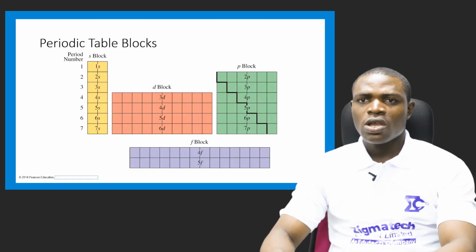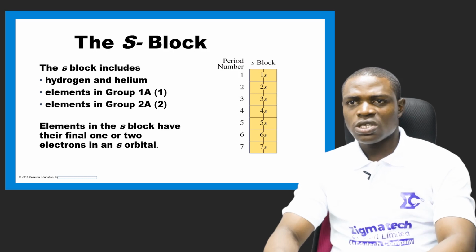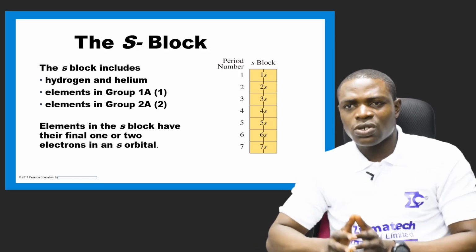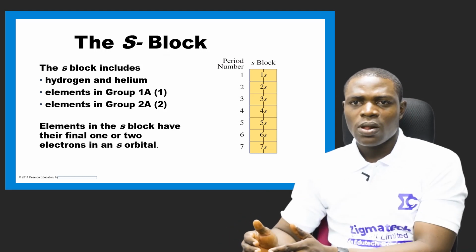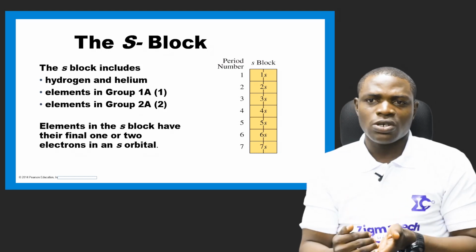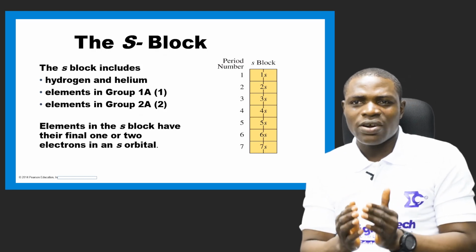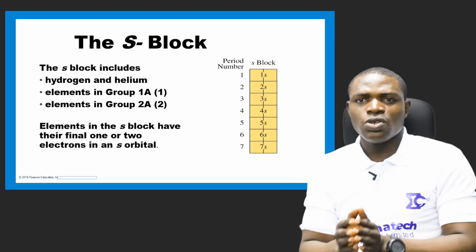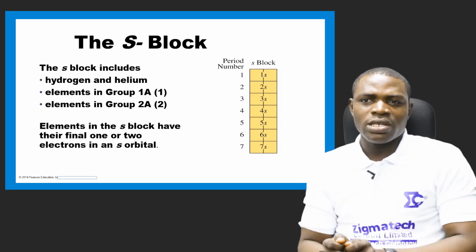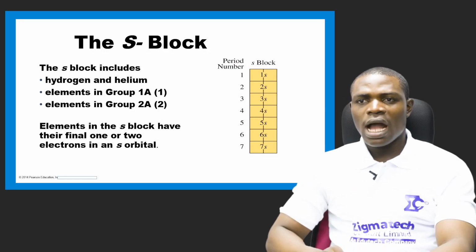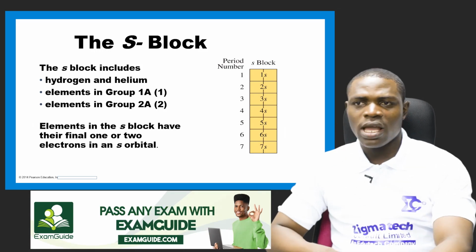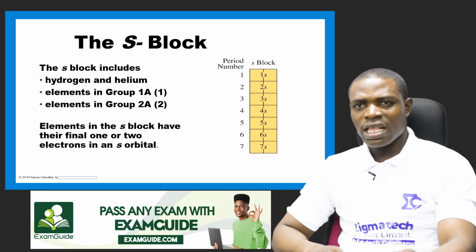So let's go ahead. If you look at this, you will see that we start with the S block. The S block includes hydrogen, helium, and you come down to sodium, and you go to potassium. All these elements are arranged in the S block. Hydrogen and helium are both elements in group 1A, and if you look at the trend, hydrogen has 1 electron while helium has 2 electrons.